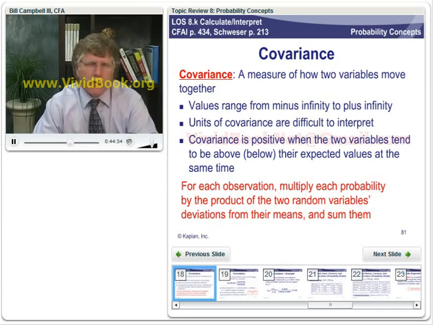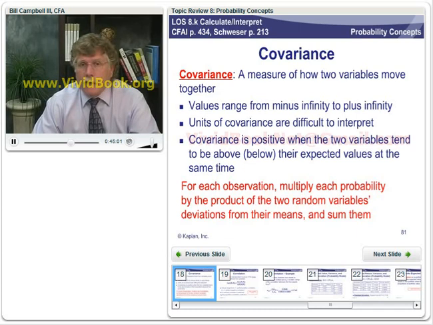I know they don't usually put a dollar sign on it, but let's call it dollars. Well, the height of our baby giraffe is measured in, let's say, centimeters. Value of the S&P 500 is measured in dollars. The units of covariance will be centimeters times dollars. Not very easy to figure out exactly what the heck that means. So the units can be difficult to interpret.